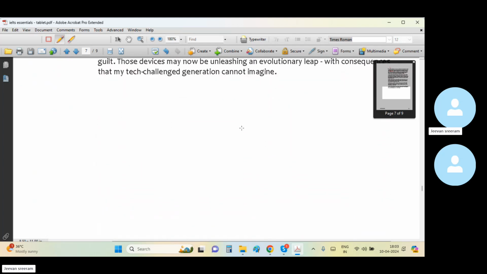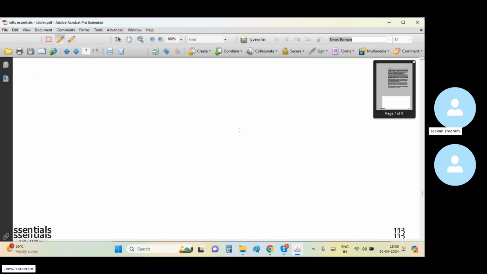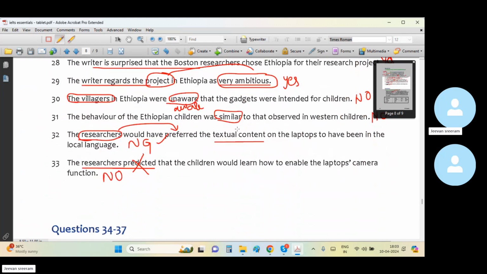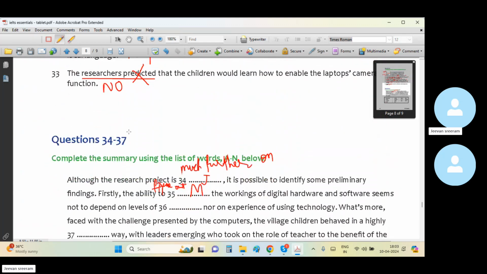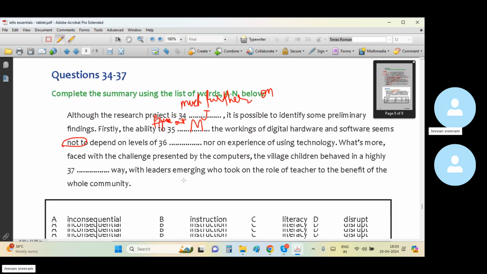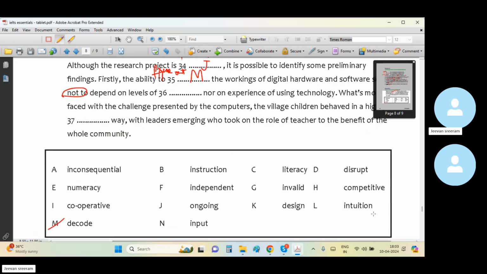As per the passage, I can write no matter how illiterate they are in the blank, and then literacy is there, not illiterate. Not already given here, no. So then I have to get level of literacy, nor on experience of using technology. And the last is literacy.